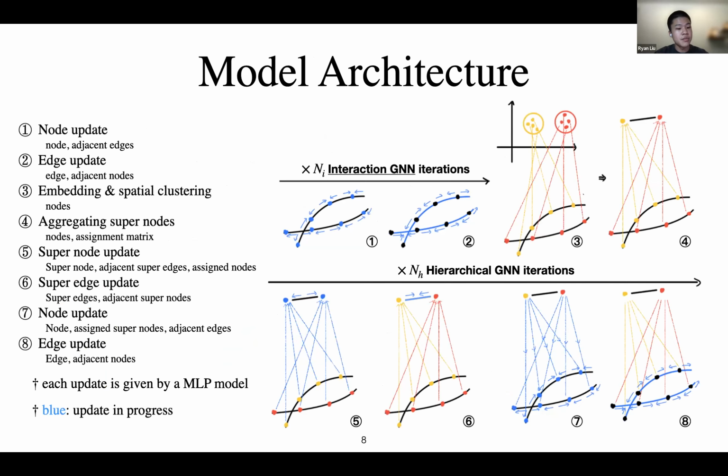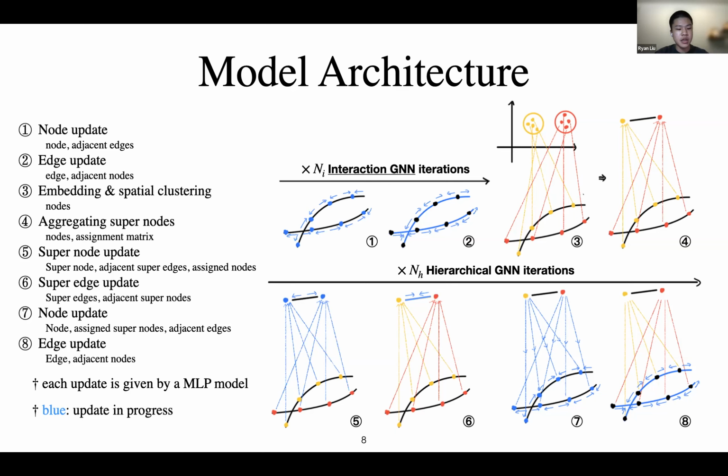Oh, sorry. So now I would like to propose my model architecture. At the beginning, we have our usual interaction network update, which basically aggregates the edges to update nodes and aggregates nodes to update edges. And after that, we will embed all the hits into an embedding space and perform spatial clustering.